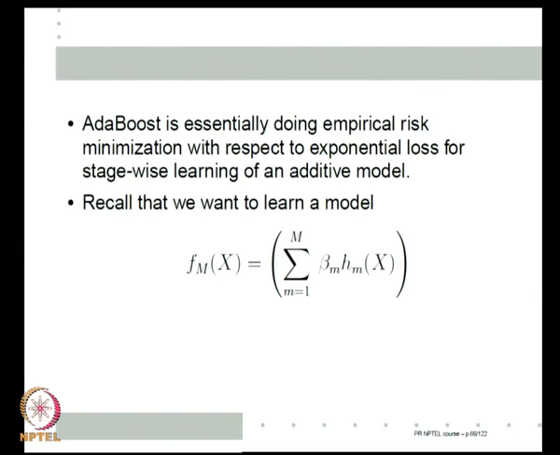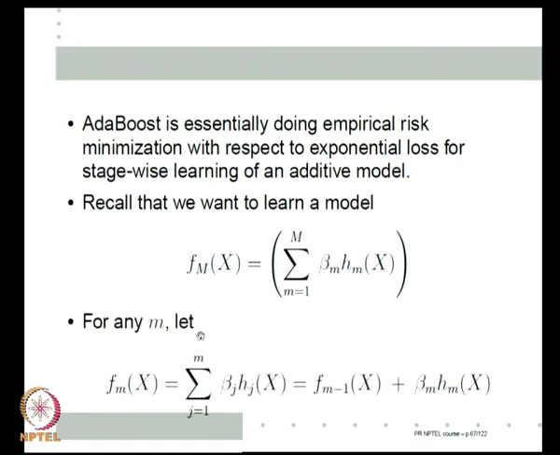So, this is the model class, right? We have to learn. So, let us say as a notation, this capital M can be variable. So, for any little m, f_m(x) is the sum from j equal to 1 to m of beta_j h_j(x), which also means f_m(x) is f_{m-1}(x) plus beta_m h_m(x). That is what is meant by stage wise.